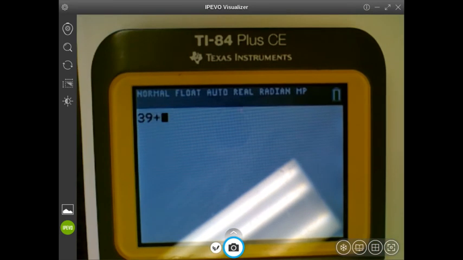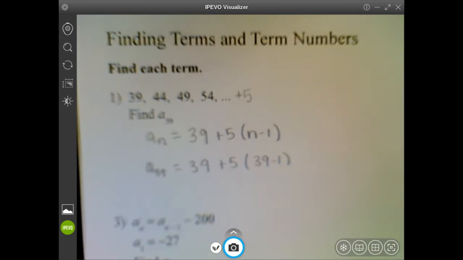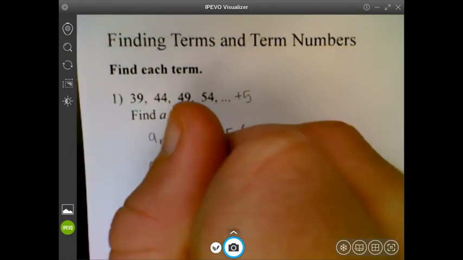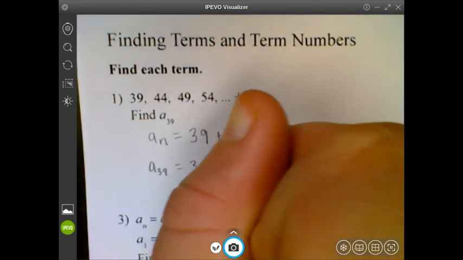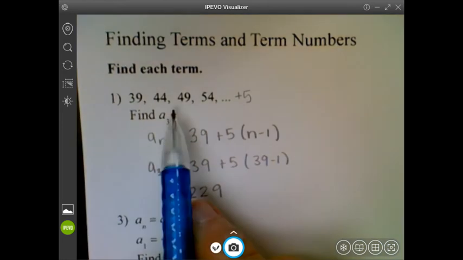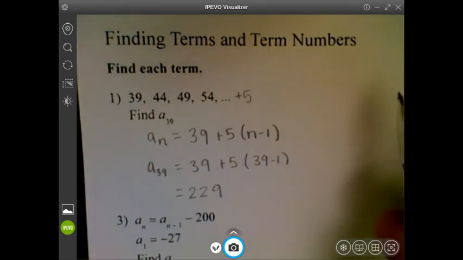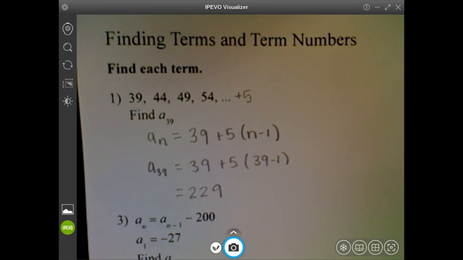So 39 plus 5 times, and here you can either write 39 minus 1 or just say 38, right? And so we have 229. So your 39th term is 229. If you were to take this sequence out a bunch, then spot 39 would be this number, 229.